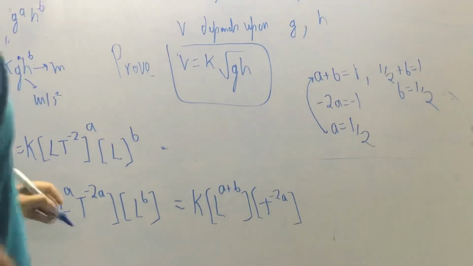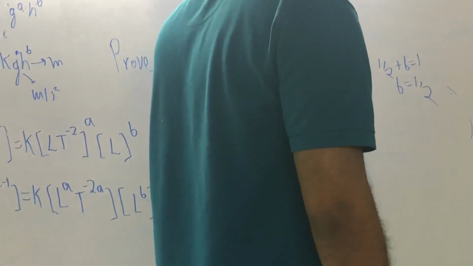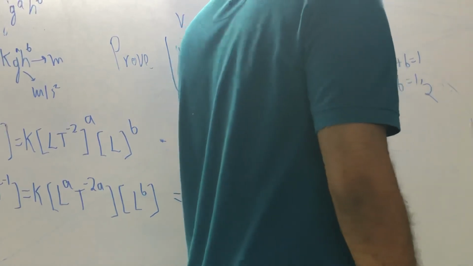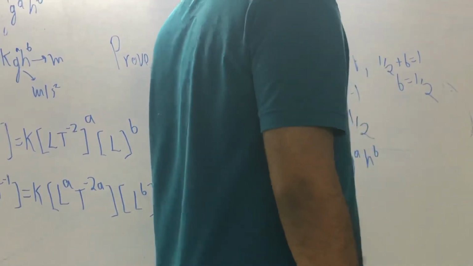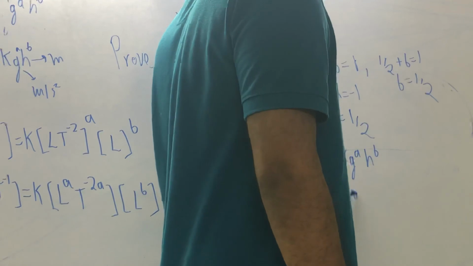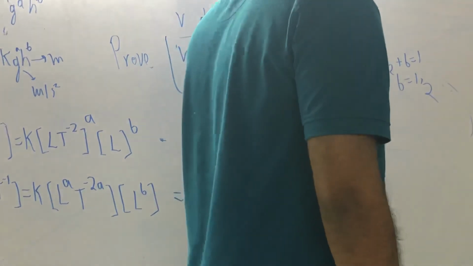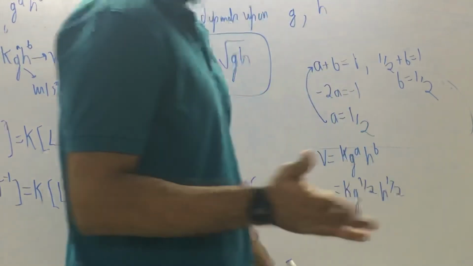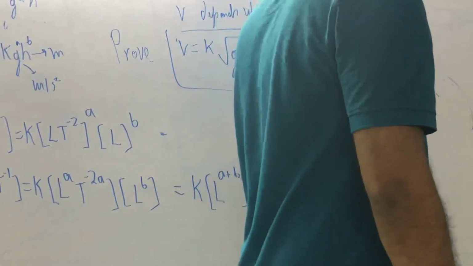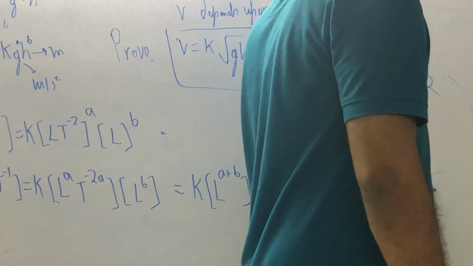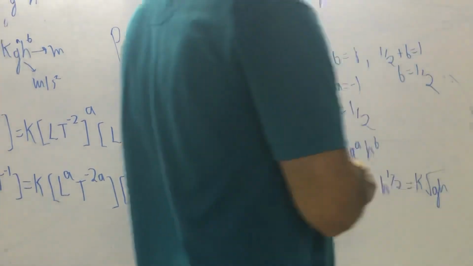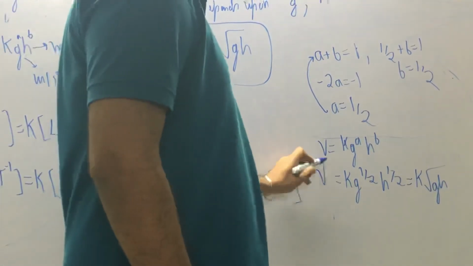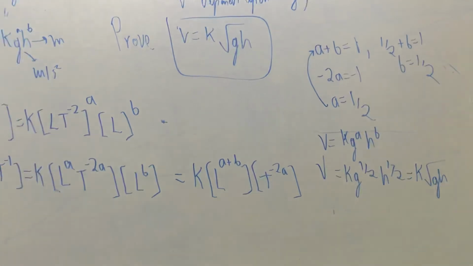Your equation was k g raised to the power half, h raised to the power half. Half is in other words under root only. So this comes out to be k under root gh. So you have proved that this is the relationship that you get for velocity. So hence this relationship is true. Hence proved.